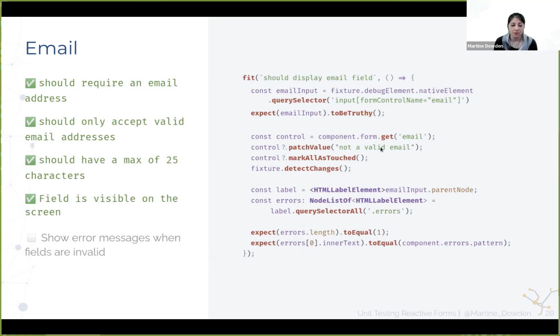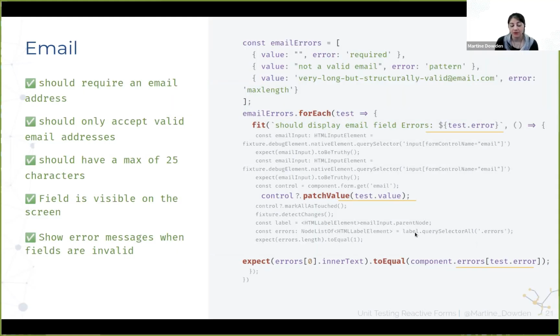Now we're not quite done yet because we've checked 1 of the 3 possible errors we can have. We've checked that right now the pattern error is showing, but not the other 2. So in order to do that, we can go back to our trusty array, right? We're going to do the same trick we did before, and we're going to parameterize. We're going to add a parameter to the name for debugging purposes. We're going to change the patch value to our iteration value, and same with our error.